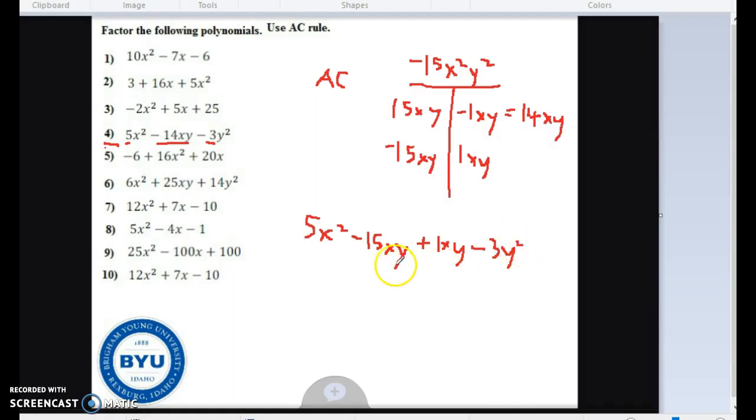And just as a note, you can actually put these two terms in either order and it will work out the same. You'll end up with the same two factors in the end.